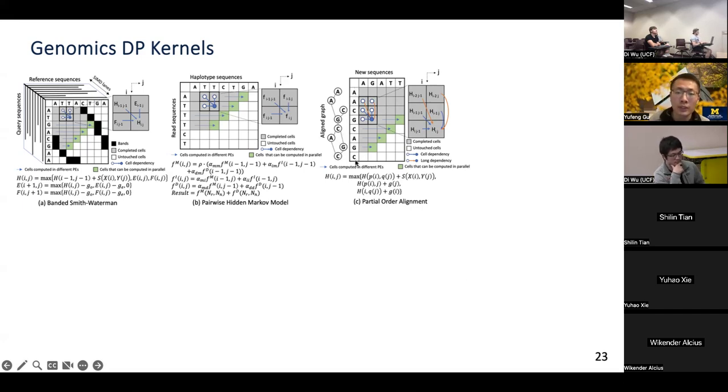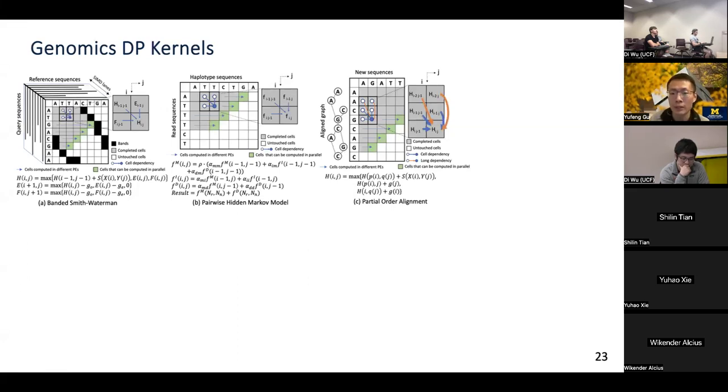When we consider mapping a sequence to a graph, this dependency pattern is a little different from the previous two, because there is not only the dependency on left, upper, and diagonal neighbors, there are also some dependencies far away.